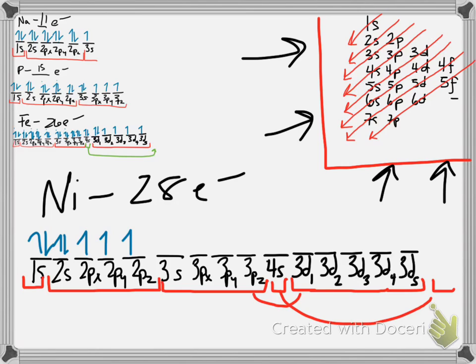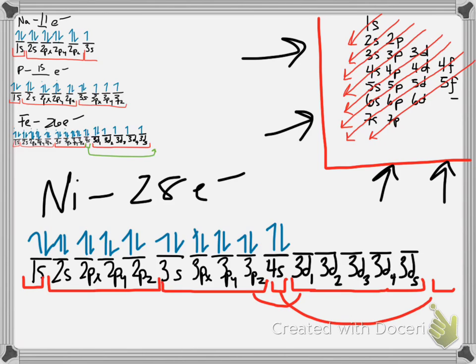So I'm going to put 1 in each of my 3 p's before I put 2 in any of them. 1, 2, 3. 1, 2, 3. Where do they go next? 4s. 1, 2.